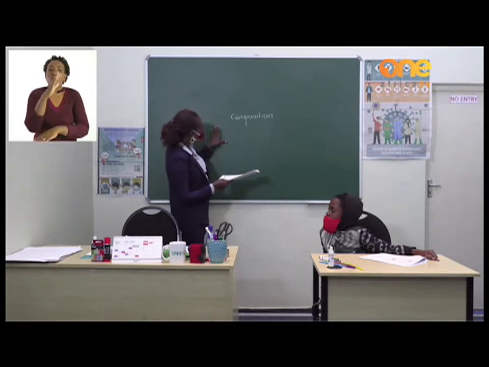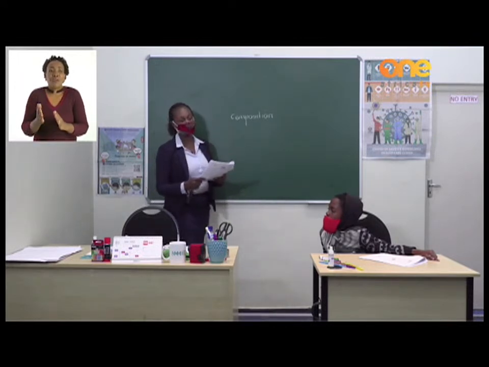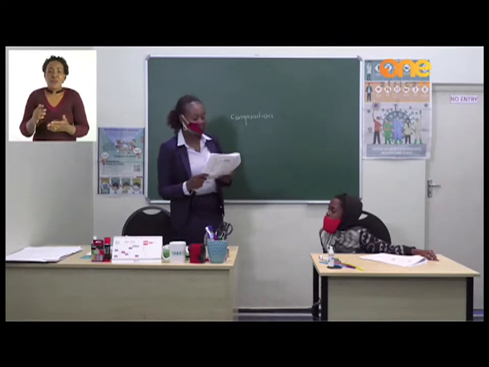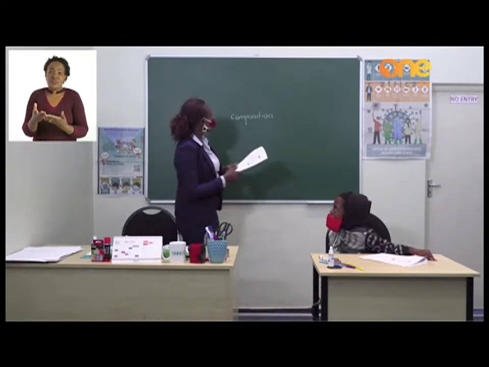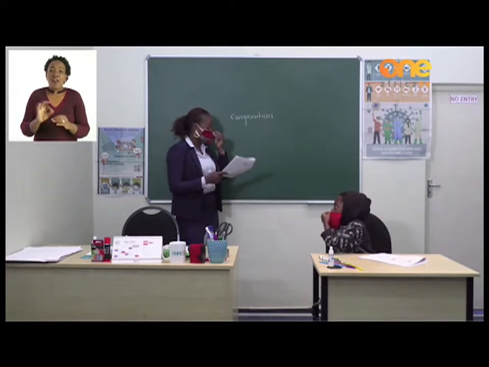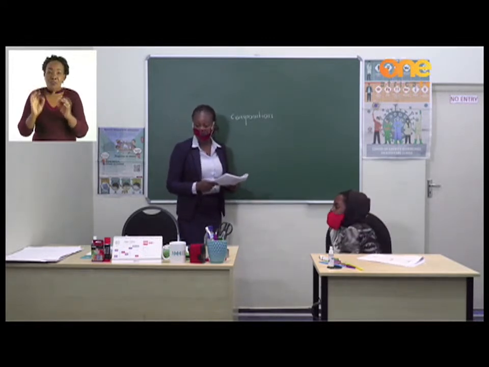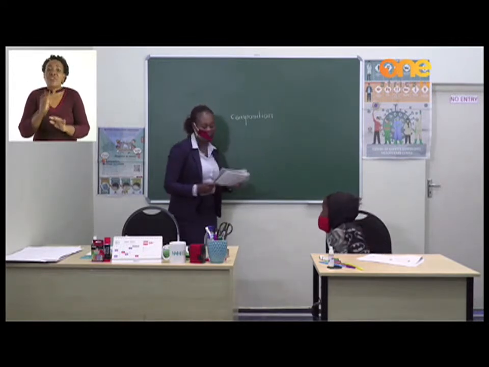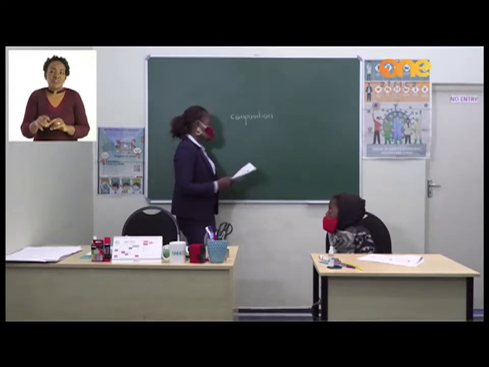What do you do when you are writing a composition? Here in our booklet, it's written, a good story has an introduction. You tell us what you are going to write about in your introduction.